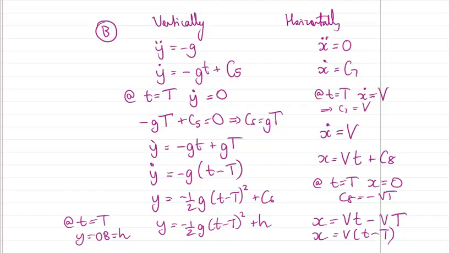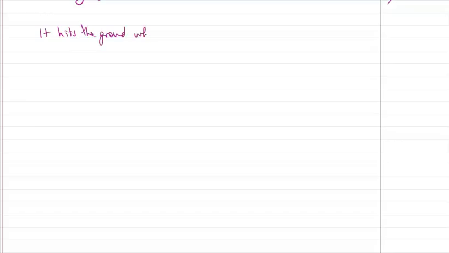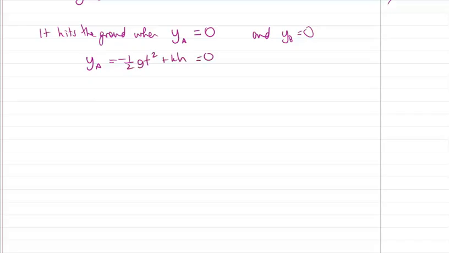Okay, let's use those equations of motion now that we've got them. We know that it hits the ground when y equals 0. So let me just take the equation that I had for A, which was minus a half gt squared plus kh equals 0.